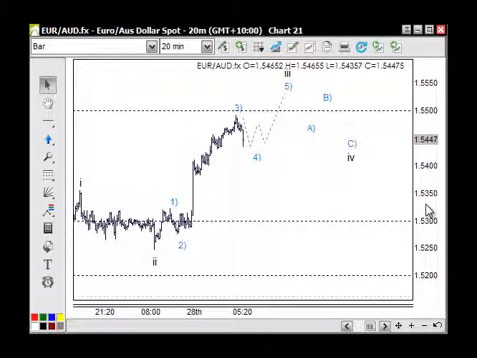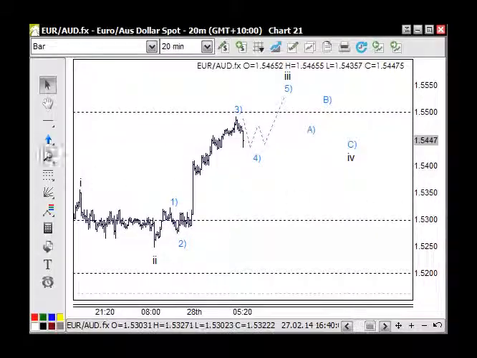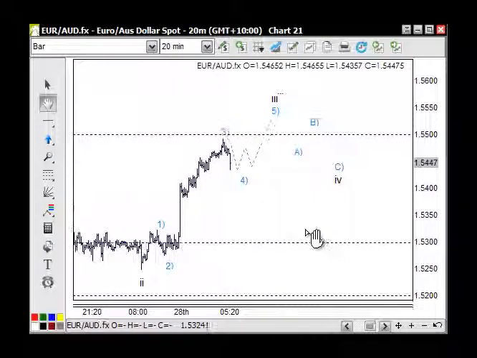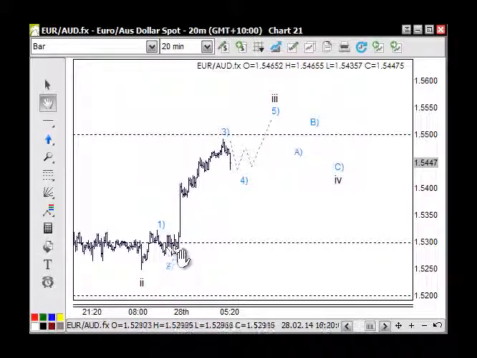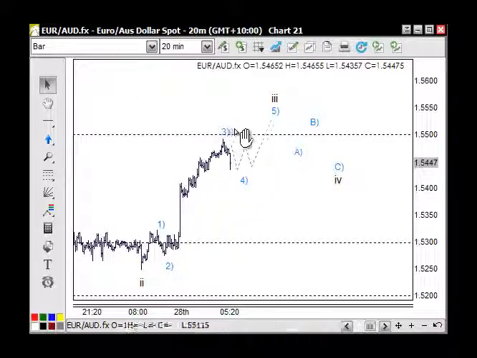Okay, I've got it here on a smaller degree, and I'm putting it in a positive light on a smaller degree in blue here. So basically the 1, 2, all the way up for the 3rd, the 4th. I can see that we could have this as a 5th wave in here, because we've got 1, 2, even to here, and it still can be the top of the 3rd here.